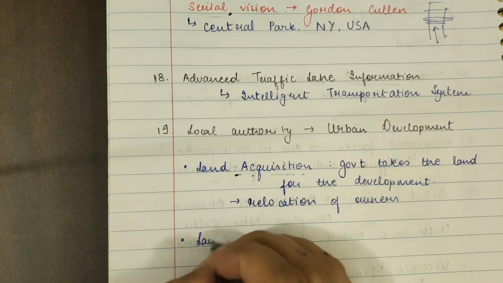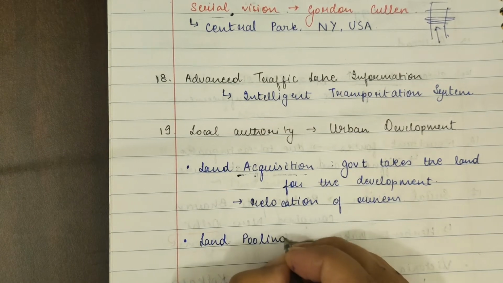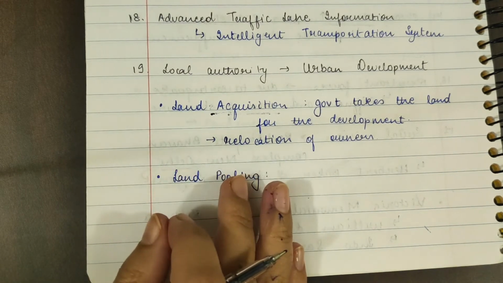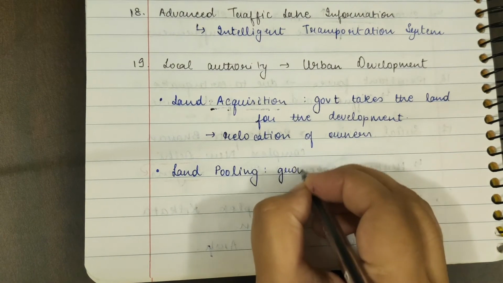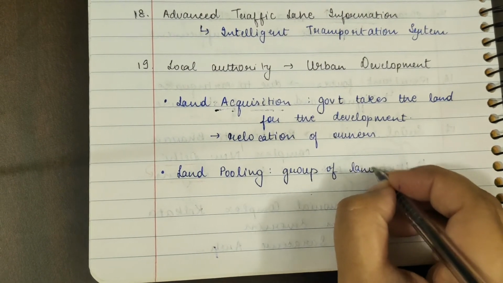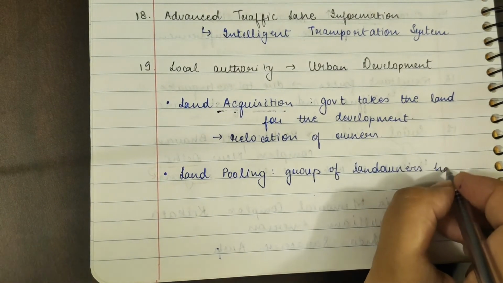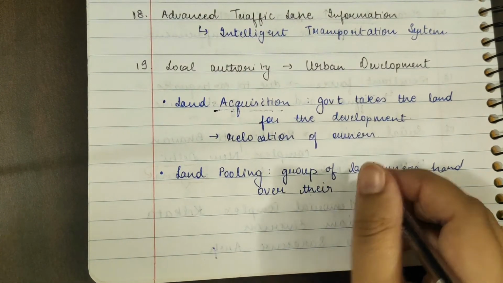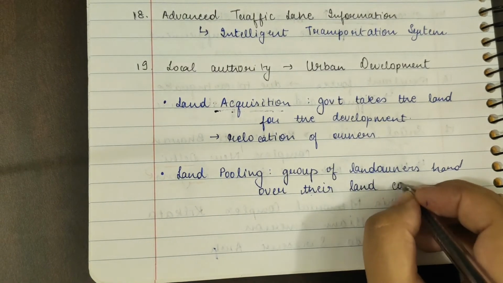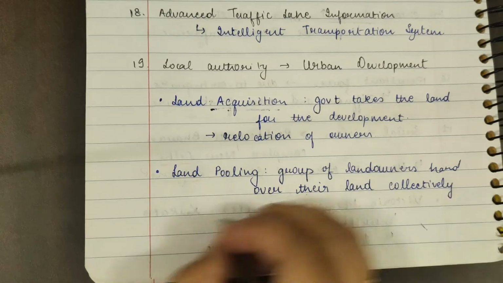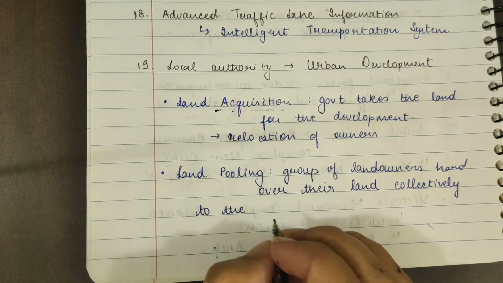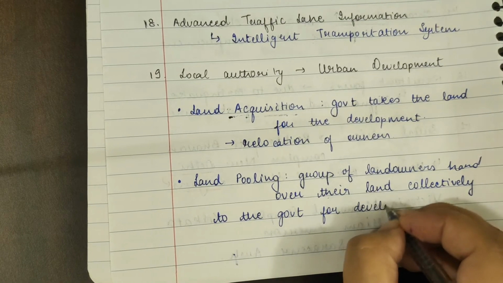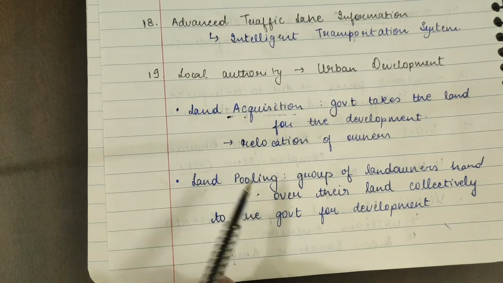Then land pooling. Land pooling is when a group of landowners hand over the land collectively to the government for development. In both land acquisition and land pooling, land is taken for development.